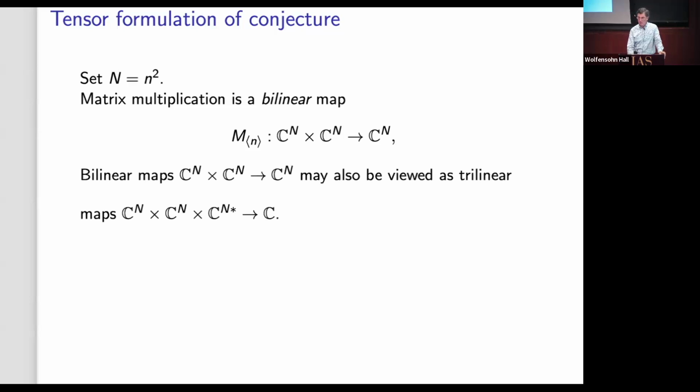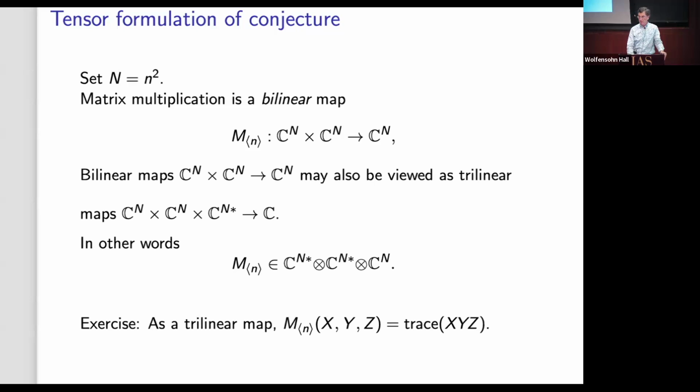Or you could view it as a trilinear map, which would be maybe better because you're being less biased between your 3 spaces. And when you view it as a tensor, a space of trilinear maps, well, if you're already bored, which some of you are, you can try and prove that you just take 3 matrices and spit out the trace of their product.